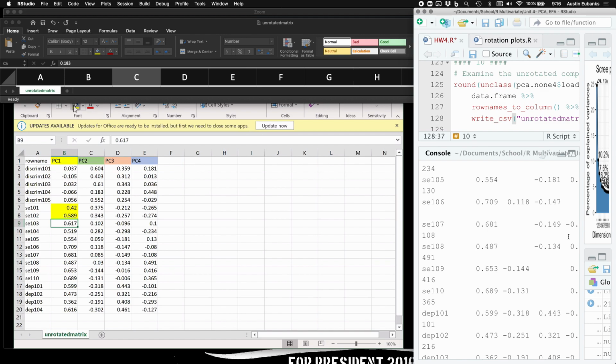It's above 0.32. All of these do. All the self-esteems. Yep. But also look at this. All of these depression ones do too, right? Is that clear to everyone? Good. What about in the second principal component?